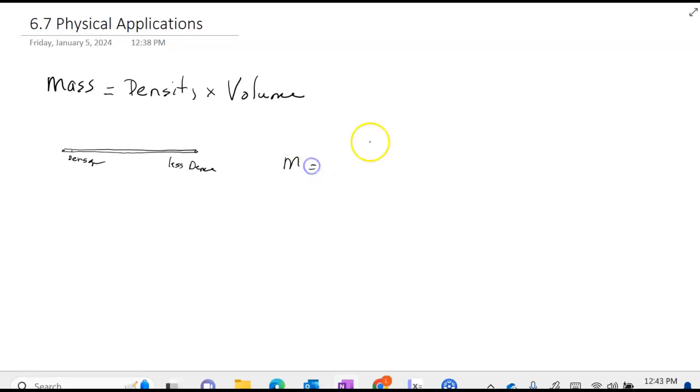So in this case, mass would be the length of your rod from A to B. That length is going to essentially give you your volume because we're just doing one-dimensional.